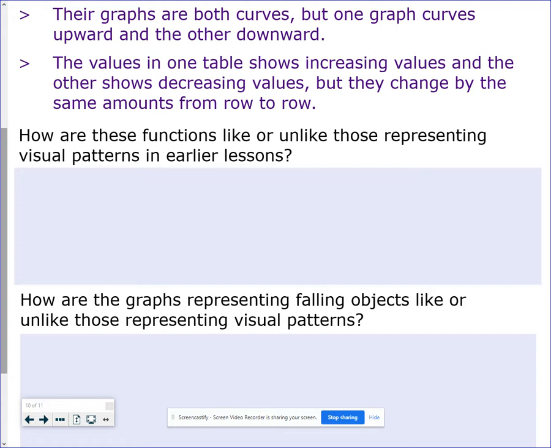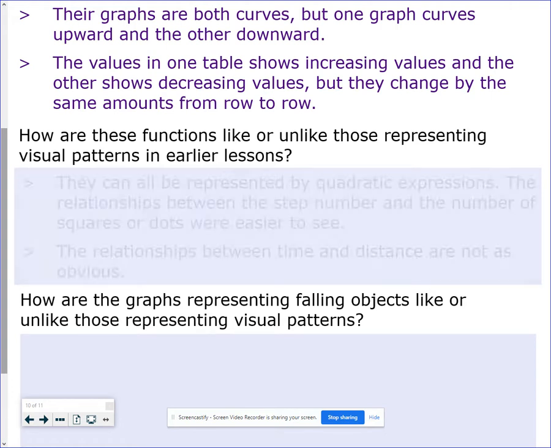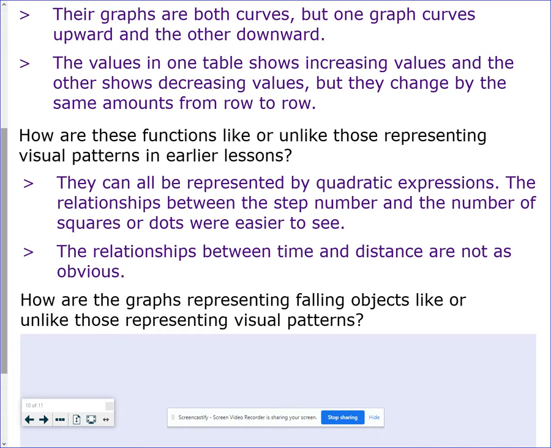How are these functions alike or unlike the visual patterns that we did, like with the squares or with the dots or with the sticks? All of those can be represented by quadratic expressions. Remember, quadratic means something is getting squared. And in this expression, you could see 16t squared, right?